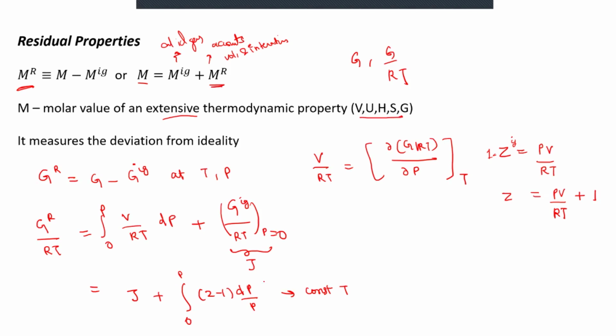And similarly, we will write H^R by RT equals minus T times the integral from 0 to P. We already know what G^R by RT is, so we are differentiating on that and then integrating. So we get ∂Z/∂T at constant P, because we are differentiating with respect to temperature, at constant pressure.